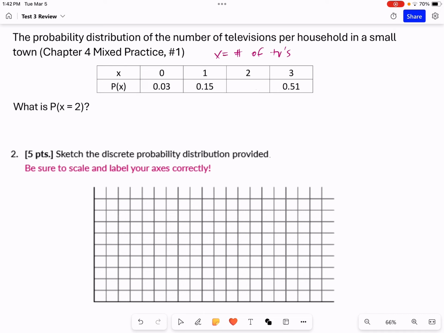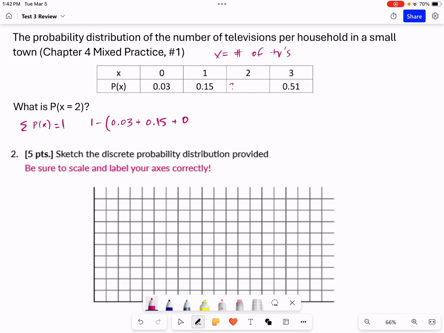So to figure out what this probability is, what's the probability that x is equal to 2? Remember that the sum of all of our probabilities has to be 1. Therefore, I could do 1 minus 0.03 plus 0.15 plus 0.51. And so if I do that, now either keep subtracting, so I usually forget parentheses.